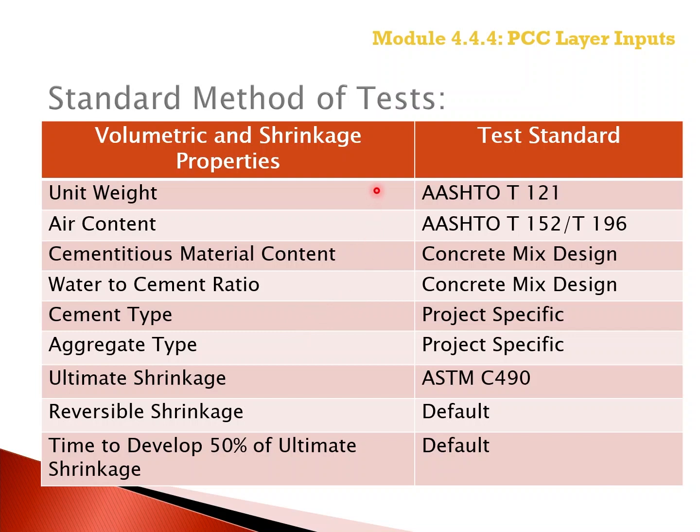Remember that many of these properties, like the strength properties, are not available for the specific mixture that's going to be constructed by the contractor, because during structural design, in many cases, the project has yet to be bid and the contractor has yet to be selected.